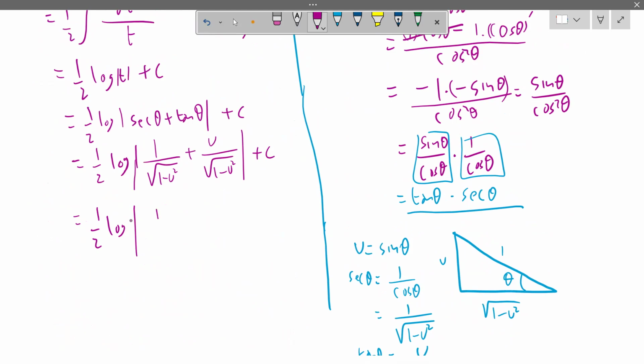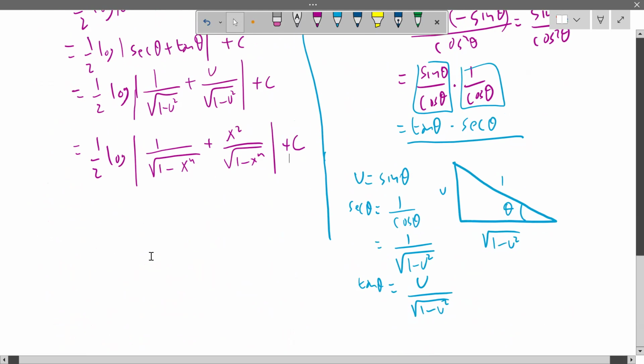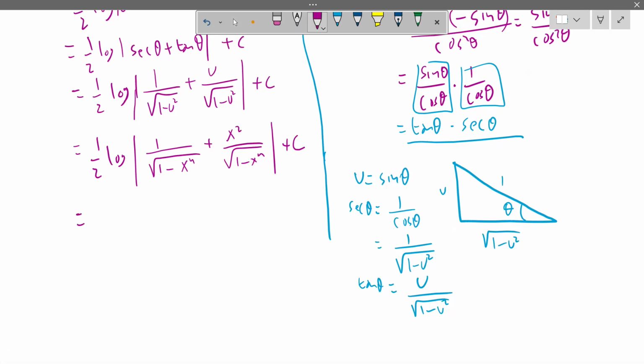So 1 over the square root of 1 minus x to the power 4, plus x squared over the square root of 1 minus x to the power 4. From here, we have to simplify this form into 1 plus x squared over the square root of 1 minus x to the power 4.